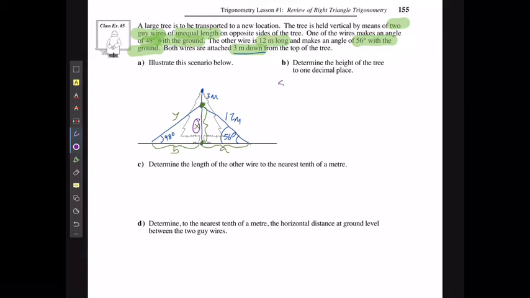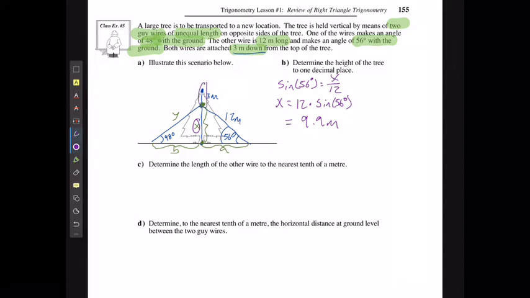Sine of 56 degrees is equal to X over 12, which means that X is going to equal 12 times sine of 56. And if I'm doing it to 1 decimal place, 12 times sine of 56 is going to be 9.9 meters.